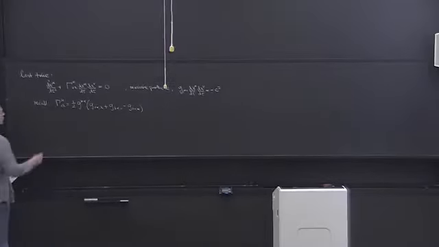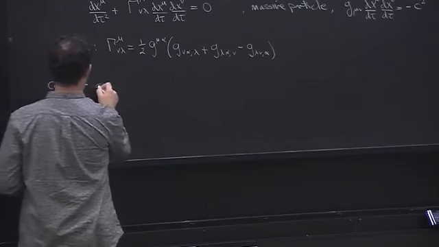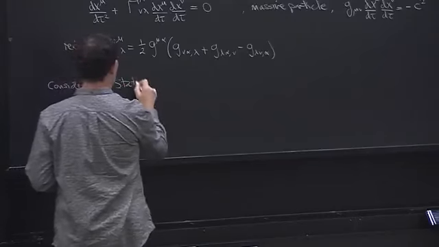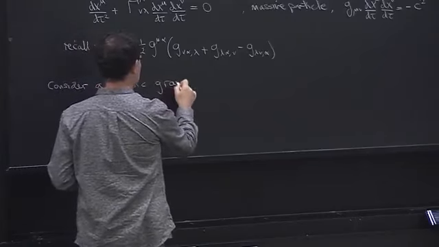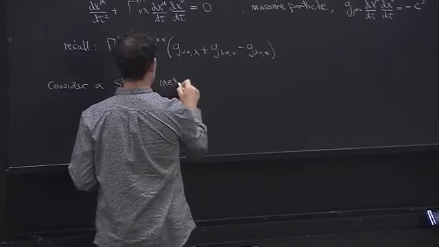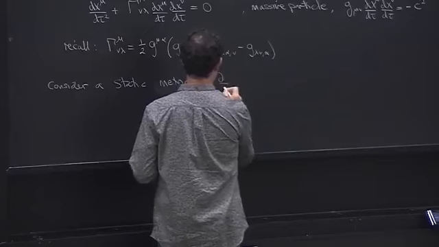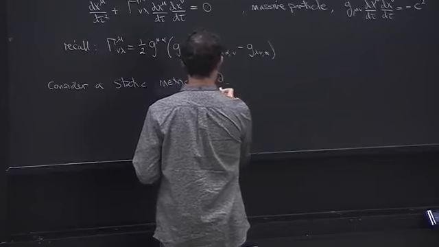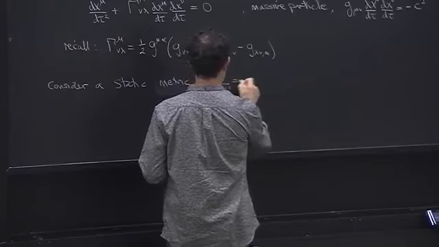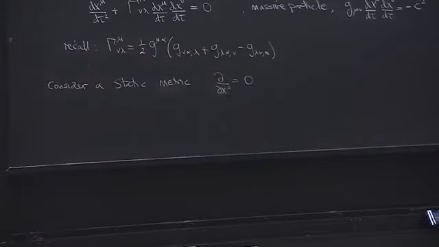So let's consider a static gravitational field. Let's say a static metric, so d by dx0 equals 0. I'm going to assume that this metric is completely independent of time.